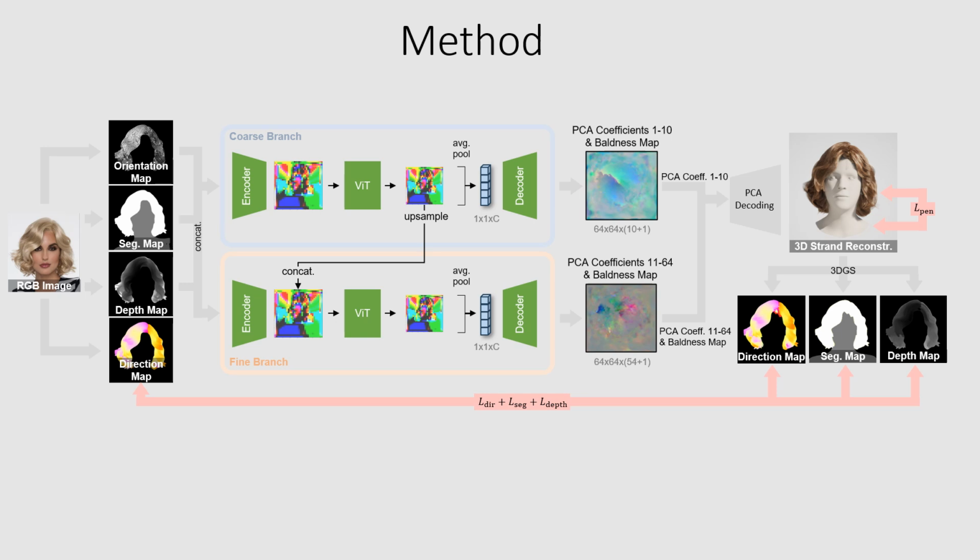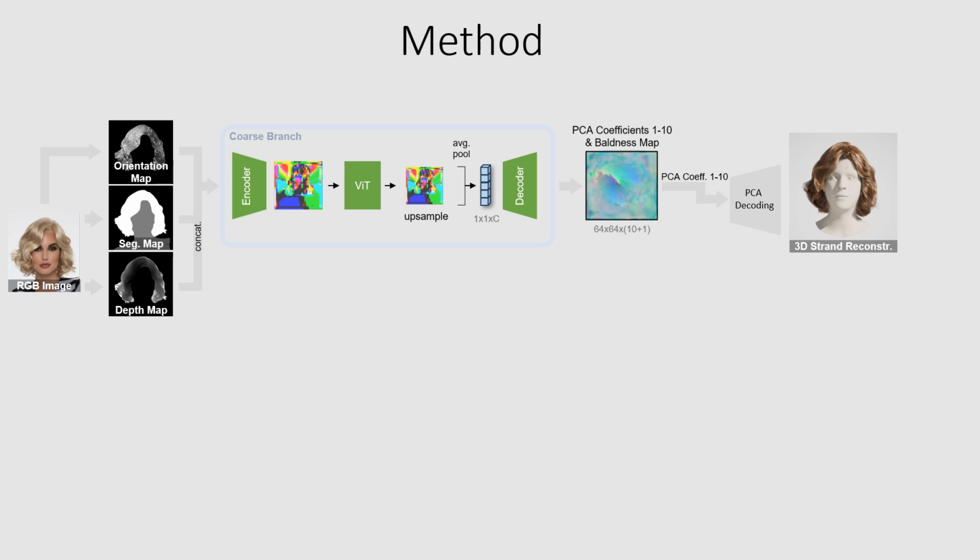Our architecture consists of several stages, coarse and fine. During the coarse stage, we aim to predict the first 10 PCA components and the baldness map from the input image. To do that, we first estimate an orientation map using a set of Gabor filters, a depth map from Depth Pro, and segmentation masks from the SAM model.